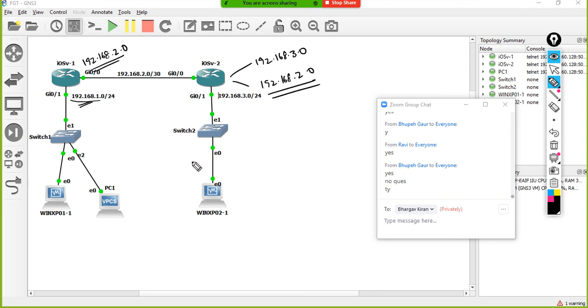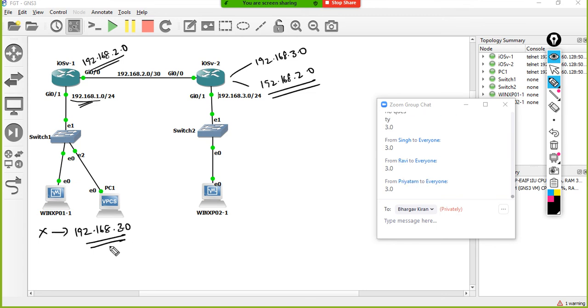So what are the unknown networks? For router 1, the unknown network is 192.168.3.0. Is it clear, everybody? And from the router 2 perspective, the unknown network is 192.168.1.0.